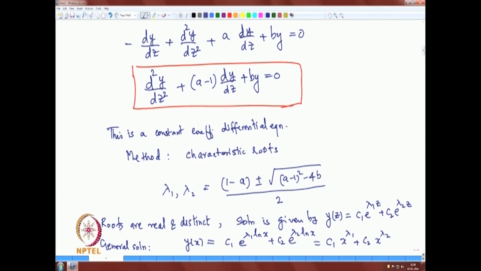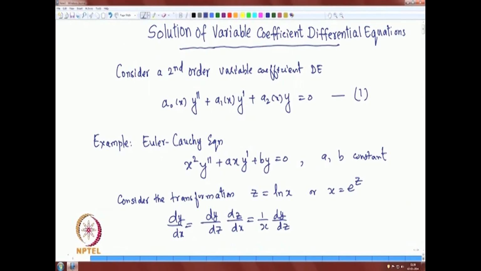If the roots are real and distinct, and similarly if the roots are real and repeated or complex, they can be treated similarly. Okay, this is a situation where the differential equation has a very special form. Now we are going to deal with a differential equation in a general form, that is a0x y double prime plus a1x y prime plus a2x y is equal to 0.